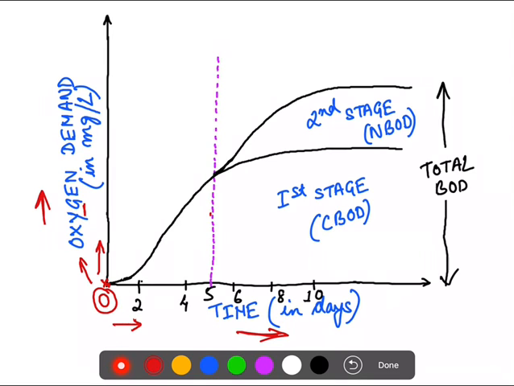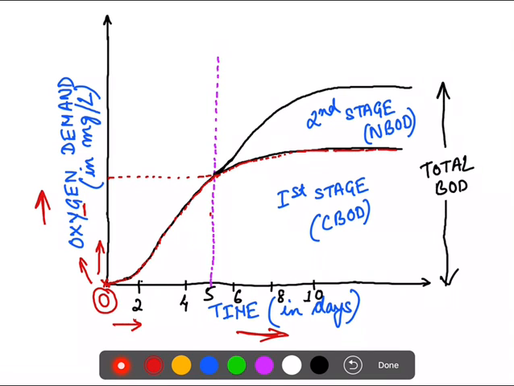As the time goes on increasing from day 0 to day 5, the corresponding oxygen demand also increases up to a certain value, and then this curve stabilizes. Almost a flat plateau is obtained here.